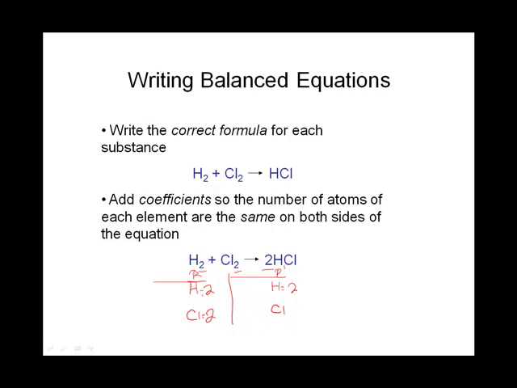Got to make sure that everything's kosher here. And chlorine, we have another 2. So since these numbers are the same on both sides of the equation, then we are considered balanced.